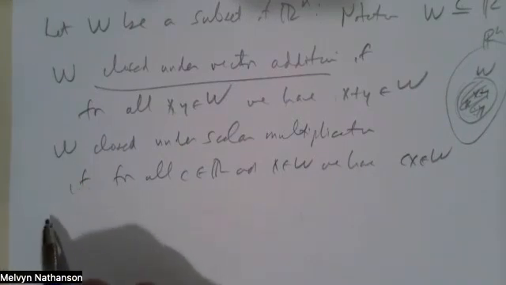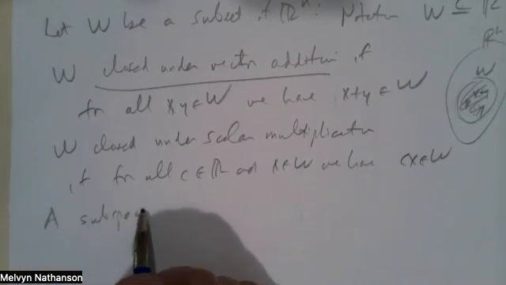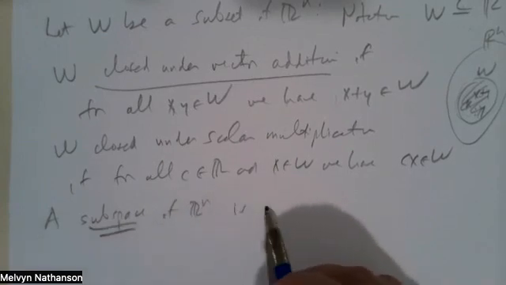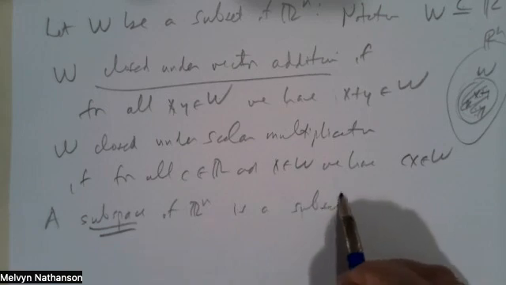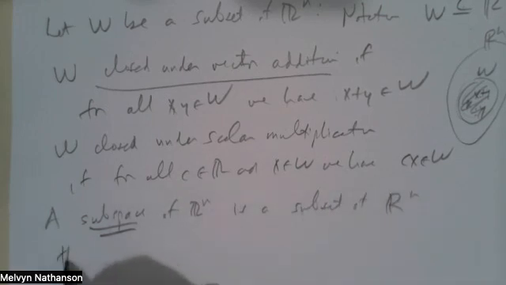And what is extremely important in linear algebra are subspaces of vector spaces. So a subspace of Rn is a subset of Rn that satisfies three properties.